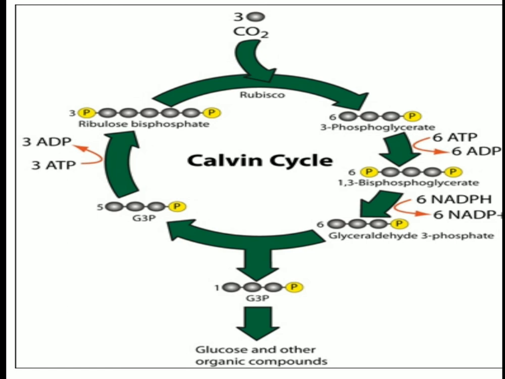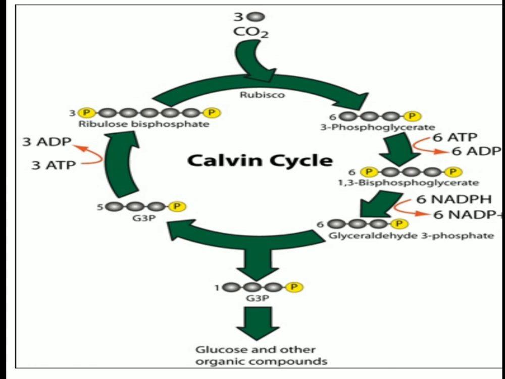This reaction is catalyzed by the enzyme RuBP carboxylase, which results in the formation of two molecules of 3-phosphoglyceric acid. Since this enzyme has an oxygenation activity, it would be more correct to call it ribulose bisphosphate carboxylase-oxygenase, or RuBisCO. This is the most abundant enzyme.